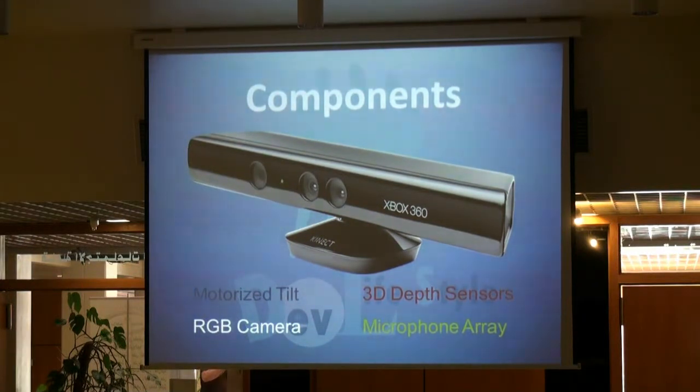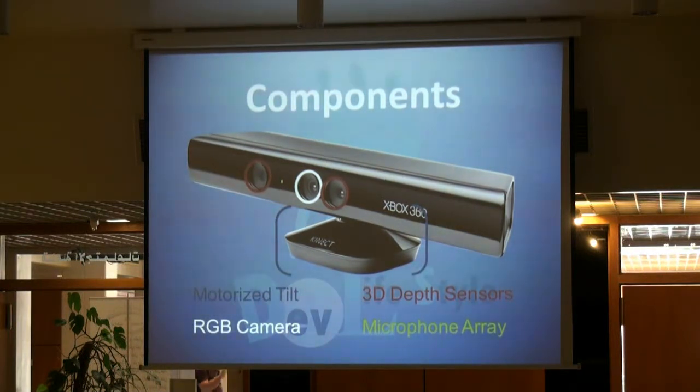The hardware components: they have a tilt motor, so you can go up and down, motorized. You have an RGB camera, so it's a color camera. And you have a 3D depth sensor, which is basically an infrared camera. And the other one is projecting IR, infrared.